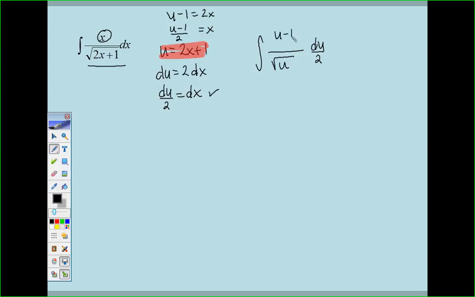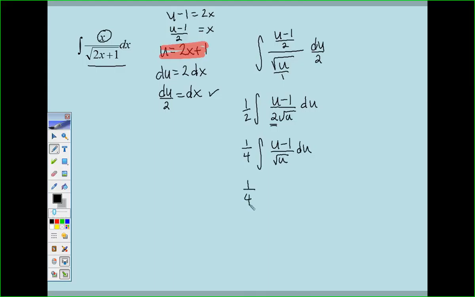We would have u minus 1 divided by 2. I'm going to invert and multiply, so we'd have u minus 1 all over 2 square roots of u du, and the 1/2 I'm going to pull out front. And now this 1/2 I'm going to pull out in front as well. So we'd have u minus 1 divided by the square root of u du.